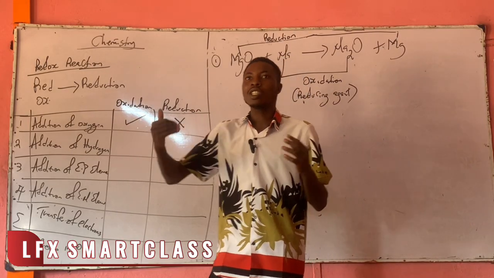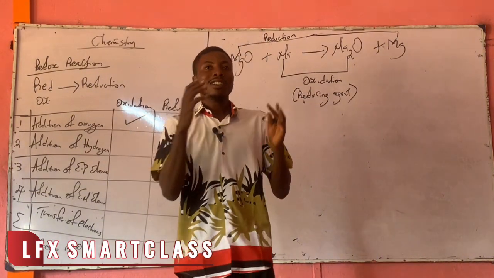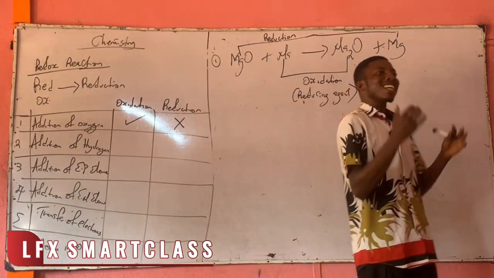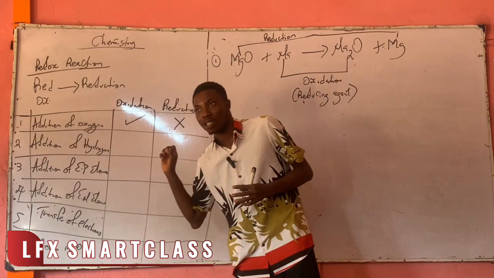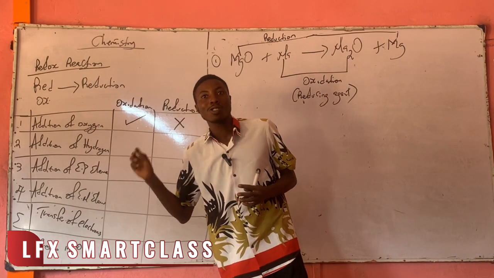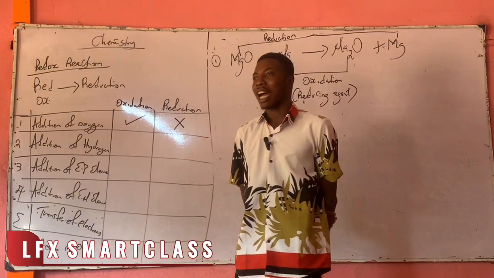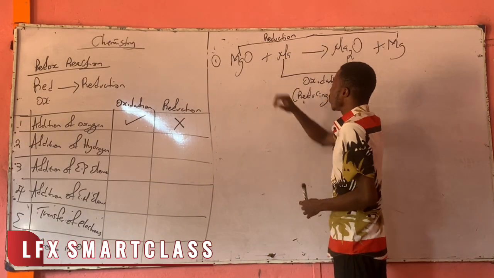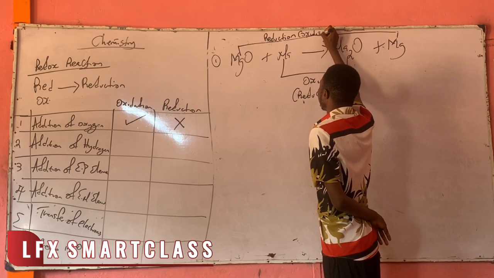It is the one that allows sodium to collect oxygen. If magnesium did not lose oxygen, will you see sodium collecting oxygen? No. Because of that, this magnesium is an oxidizing agent.